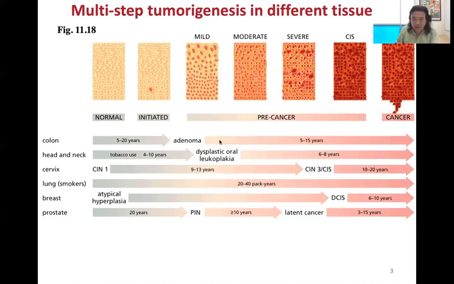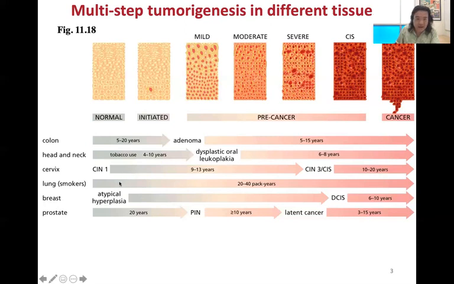At that point, from the point where it's becoming precancerous, the adenoma, it might be another 5 to 15 years before you actually reach the point where it's full-blown metastatic cancer, and it is spreading. So that means from the initiation of that one transforming cell to the time where you actually have malignancy, it could be something like 35 plus years.